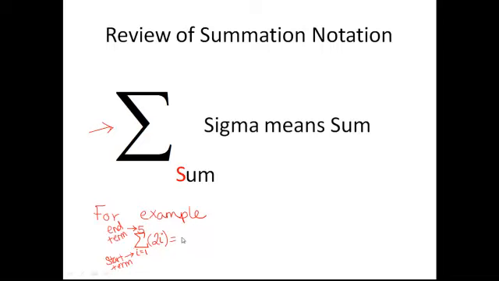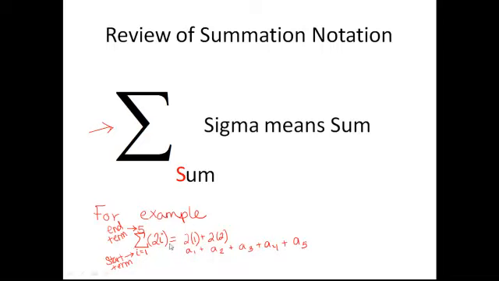Alright, so what this is really telling us to do is take 2 times our first term, where our index number is 1, so we would put 1 in for that i, and then plus 2 times 2. Right, so this is actually a sub 1 plus a sub 2 plus a sub 3 plus a sub 4 plus a sub 5.